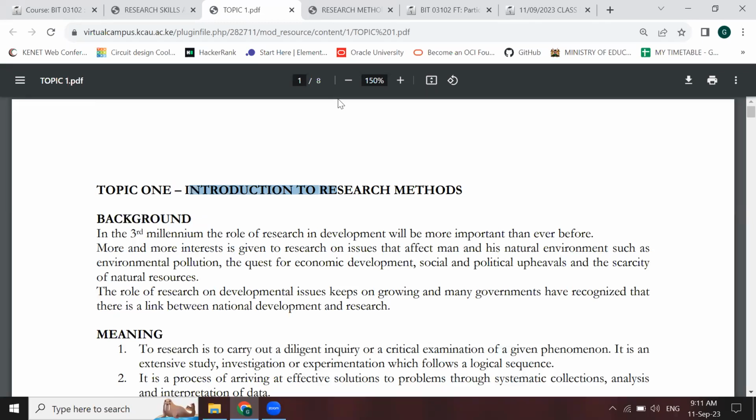One, explain the concept of research. Two, differentiate between research methods and research methodology. Number three, explain the purpose of research. And also another objective that I want us to achieve here is you'll be able to discuss the key characteristics of a scientific research.